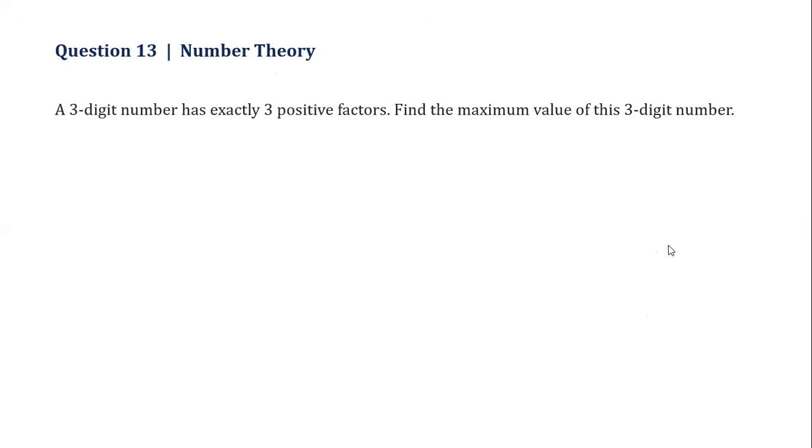So now I think we can proceed to the next question. Find the number of all positive factors of 830. For this problem, we need to find the prime factorization of 830.